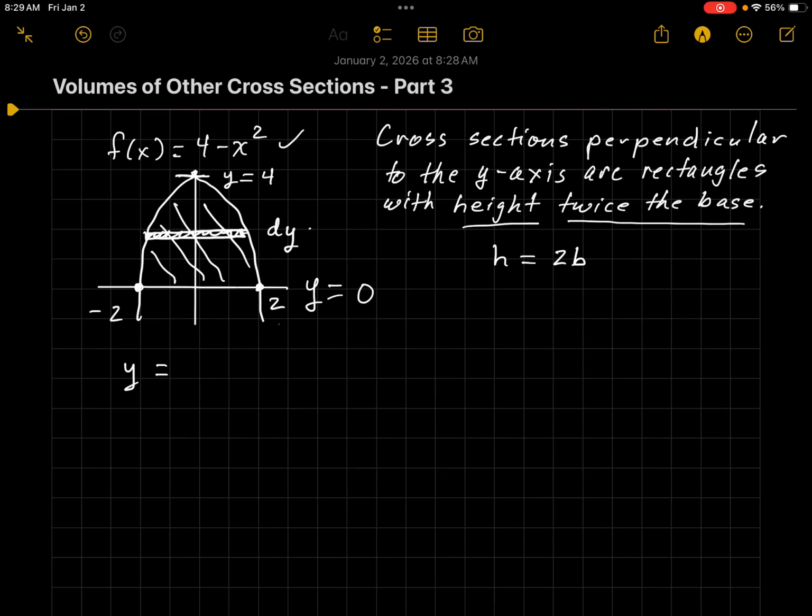So right now I have y is 4 minus x squared, which gives us x squared equals 4 minus y, or x equals, and be careful here, plus or minus the square root of 4 minus y. Where the right side over here is the positive square root, and the left side is the negative square root.